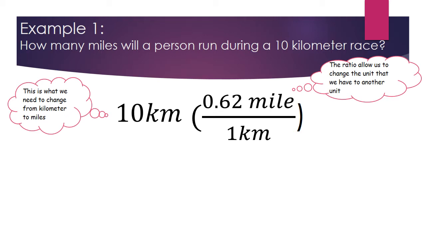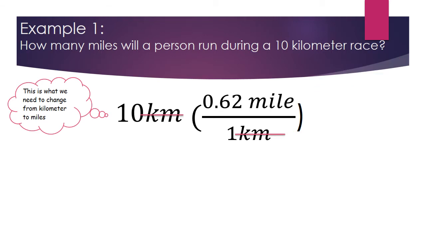So by writing this conversion ratio, I'm going to be able to cancel my kilometer unit, because kilometer divided by kilometer are going to cancel each other. Now, the only unit that I have is miles, which is exactly what I need. So after I cancel my kilometer unit, all I need to do is to multiply the numbers. 10 times 0.62 is going to be 6.2 miles.